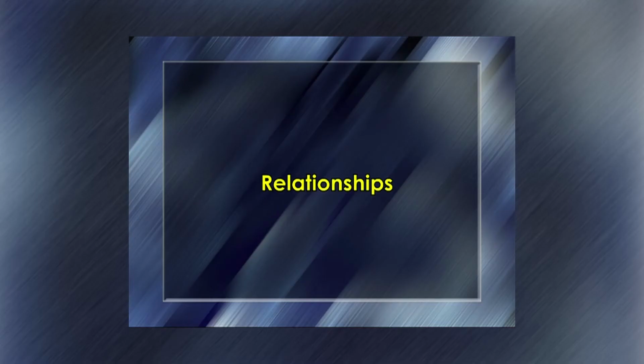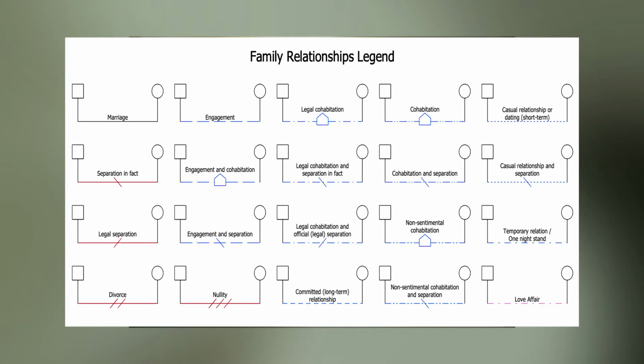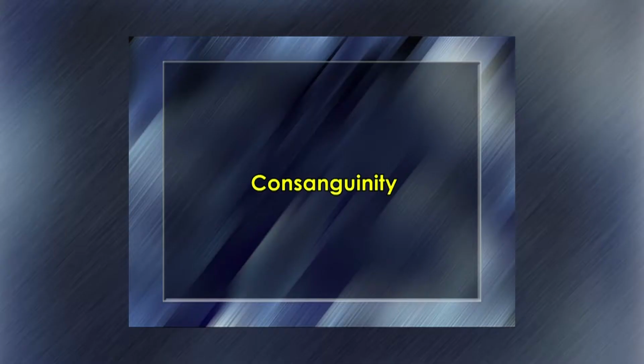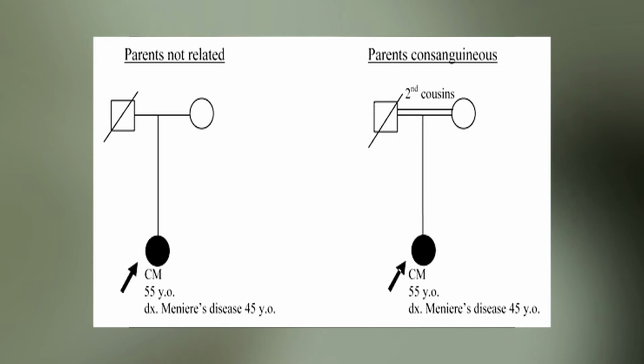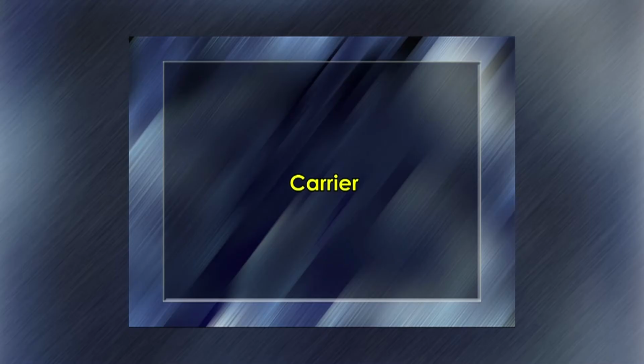Then comes relationships. A break in a relationship line, that is horizontal line, indicates the relationship no longer exists. Multiple previous partners do not need to be shown if they do not affect genetic assessment. Then comes consanguinity. If degree of relationship is not obvious from the pedigree, it should be stated, for example, third cousins, above relationship line. Then comes carrier.